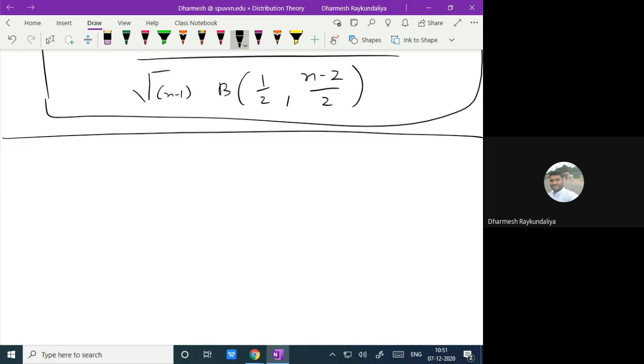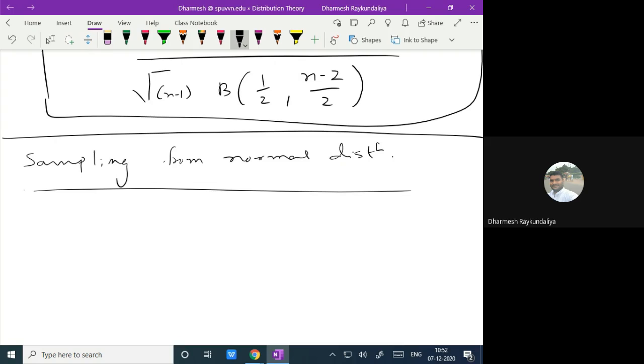So this is the transformation of variable technique. Again, we will use it whenever we require the concept of transformation. Now we will obtain the non-central chi-square distribution. Before that, we know the sampling distributions from the normal distribution. What are they?